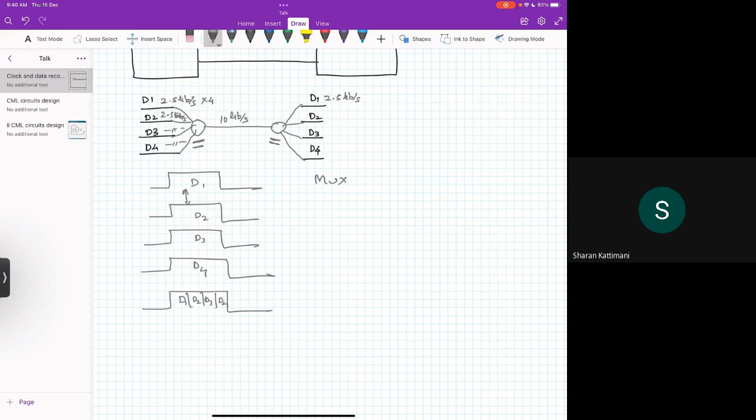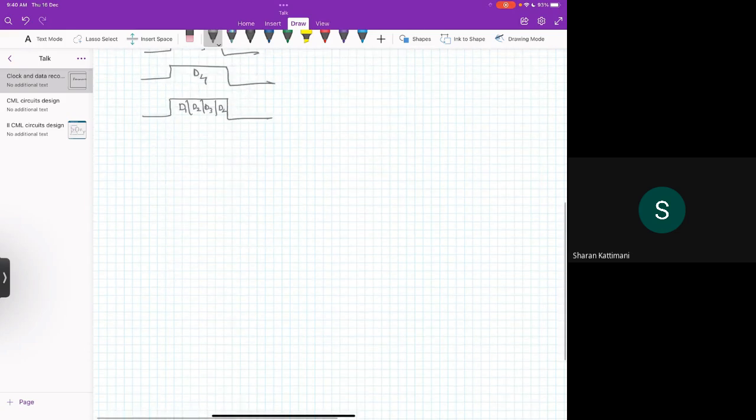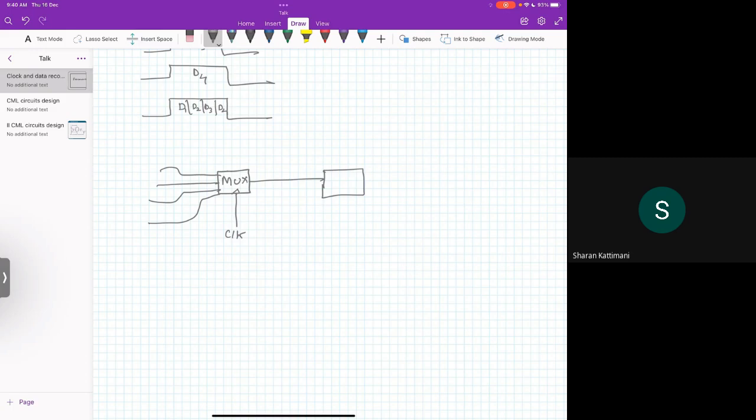So ultimately the transmitter should be a mux, and suppose 4 lines are coming, and you need to have a clock. Okay, and here you should have a demux, and it will give you all 4 data here.